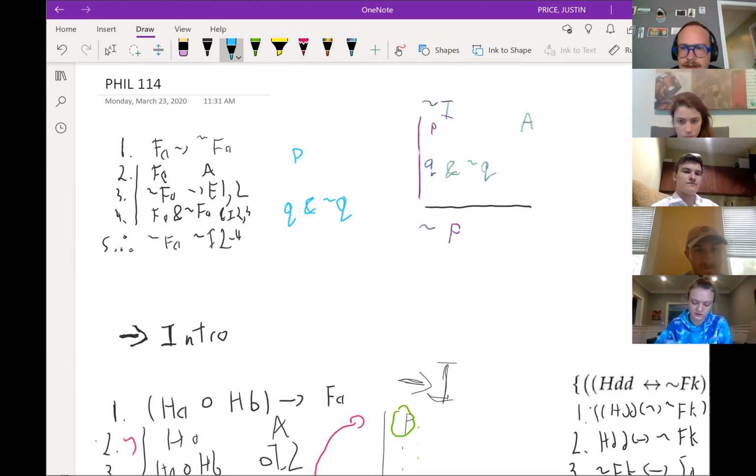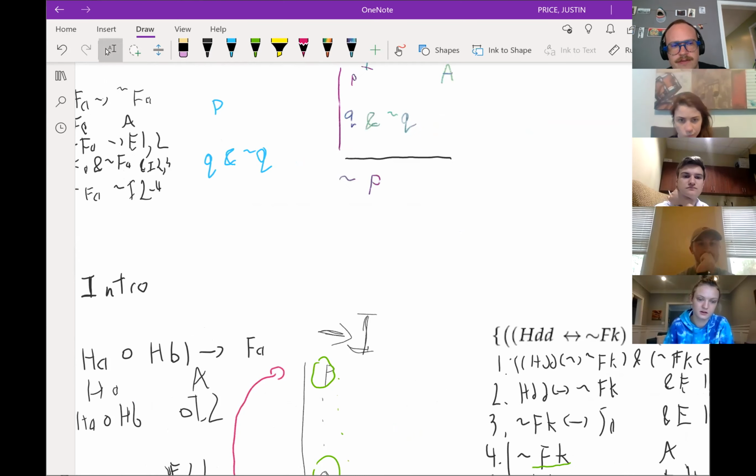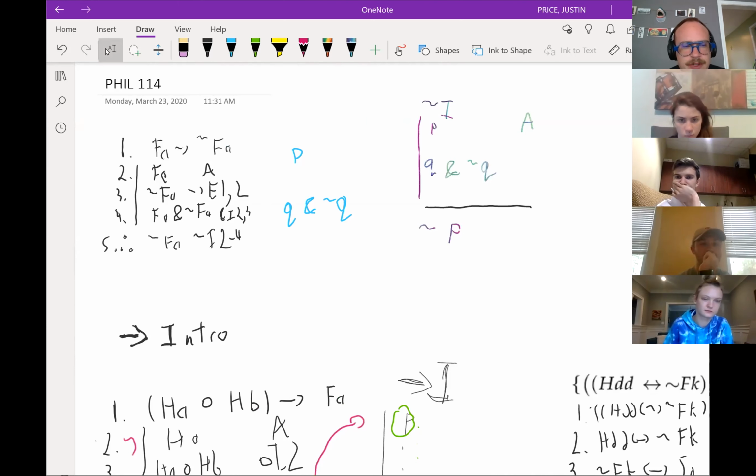So for line number 5, you can't just cite line 4, you have to cite lines 2 to 4. Yeah. So when you're citing using assumption rules, the convention is to cite the whole range of lines that the assumption line goes through. Okay.